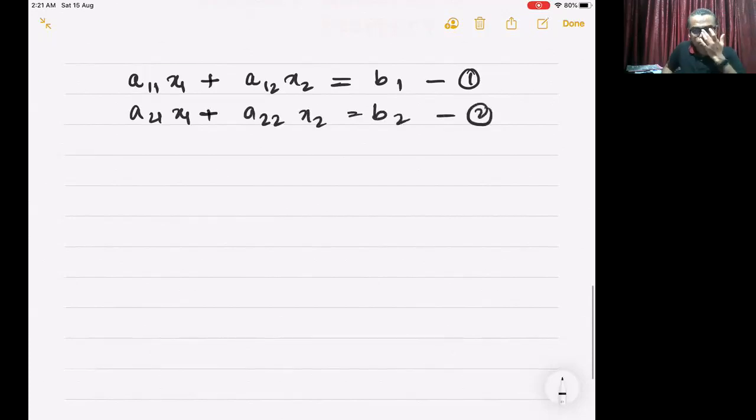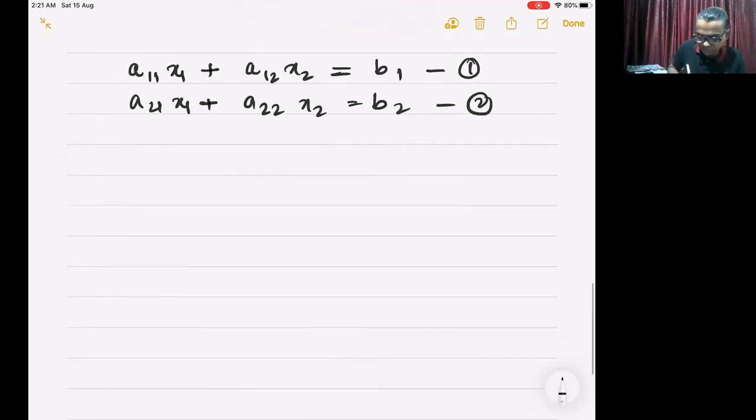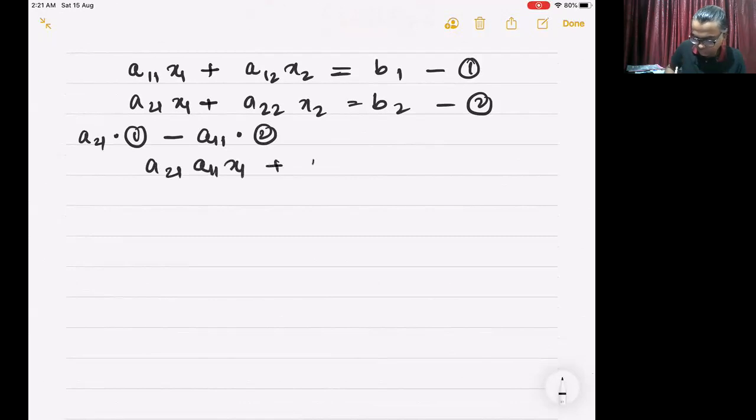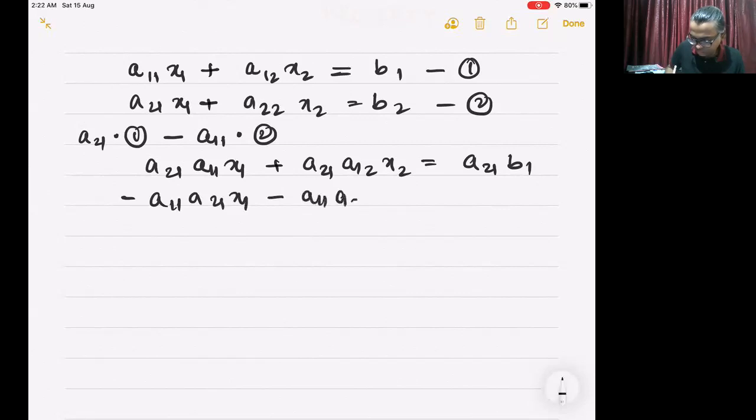What did we do in order to solve this? What we did was we said that, okay, multiply equation number 1 by a21 and subtract from it a11 multiplying equation number 2. What does that give us? It gives us a21 a11 x1 plus a21 a12 x2 equals a21 b1, minus a11 a21 x1 minus a11 a22 x2 equals minus a11 b2.